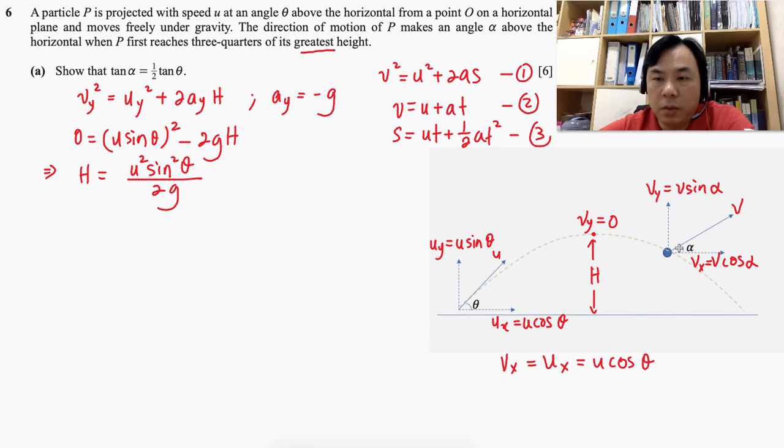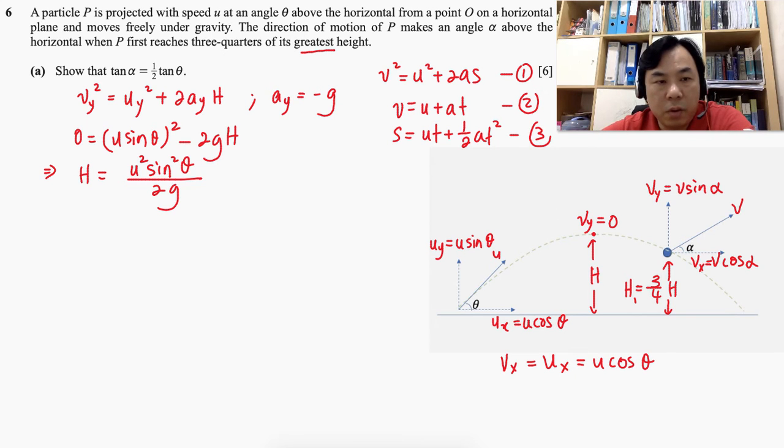Now, 3/4 of this maximum height is somewhere here. So this is 3/4 of the maximum height itself. As I mentioned before, the horizontal component never changes. By using the same SUVAT equation again, but this time we are going to use this new height, h1 for instance, we know that at this instant of time its vertical component is this.